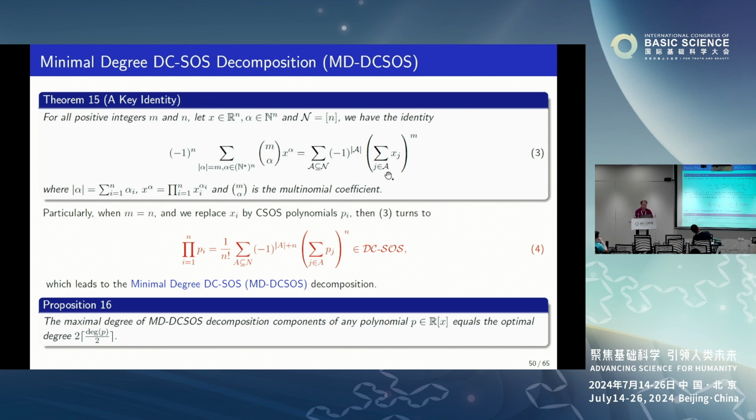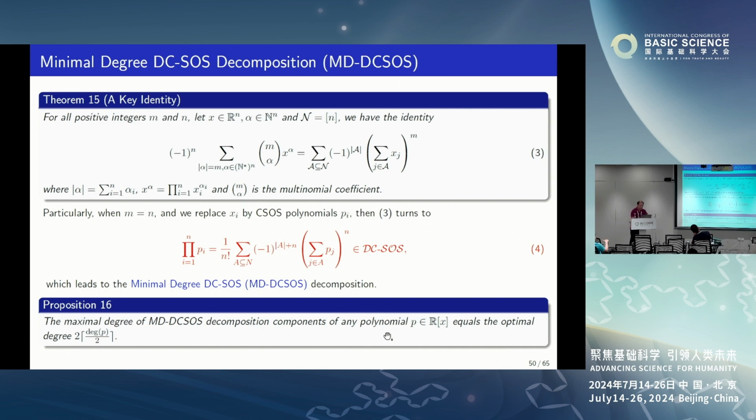Based on this very interesting identity, we also establish the multiplication if we replace each xi with a convex sum of squares, pi. Then the multiplication of pi, just the left part, is equal to the right part. And the right part, in this case, is exactly a difference of sums of squares. And we prove that this leads to a best degree decomposition.